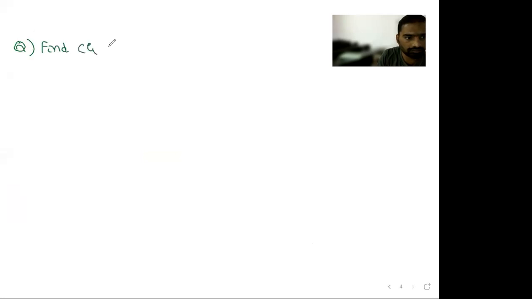All of you take down next problem. Question. Find the center of gravity or centroid. Find CG for given figure.